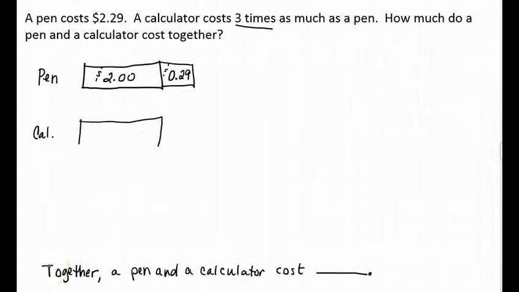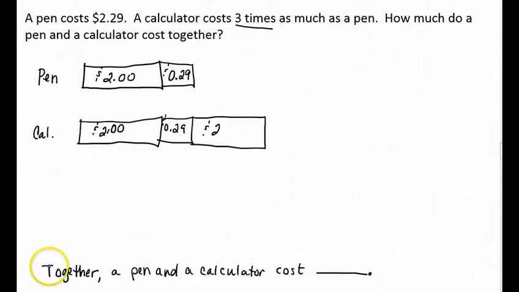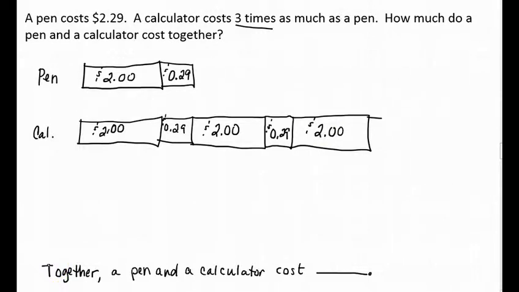So I can start off by drawing the $2 again and the 29 cents. And I'll do that again. We have another $2 and 29 cents. And then one more time, since it's 3 times the cost of the pen. So we have $2 and 29 cents.